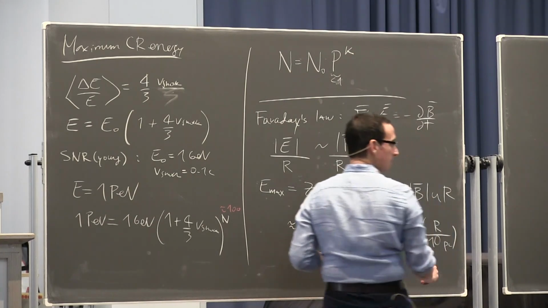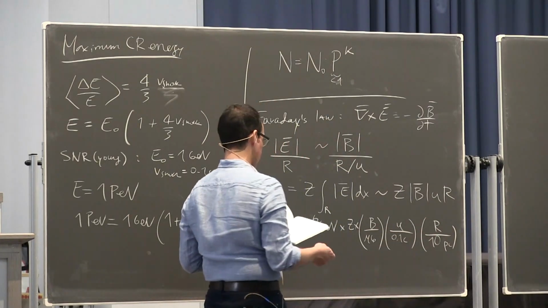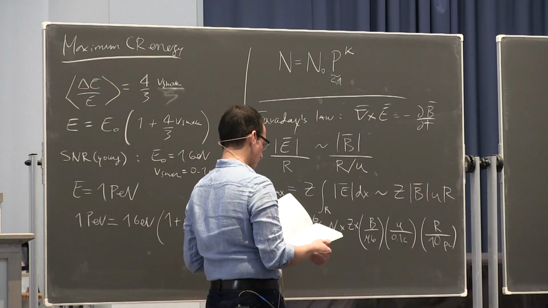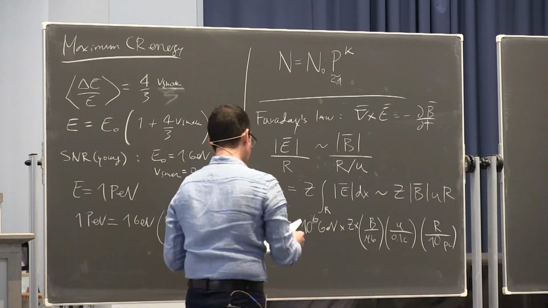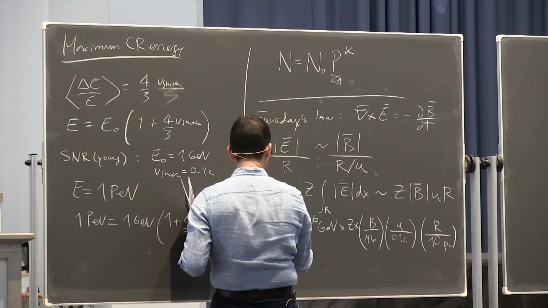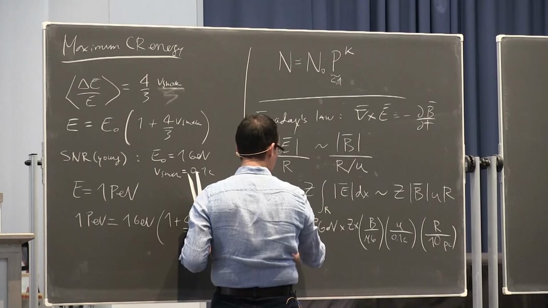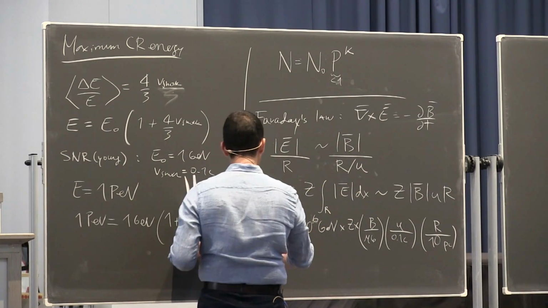I'm putting typical numbers here, 10% of the speed of light, 10 parsecs, for something that has astrophysical origins. So again, if we do this for a young supernova remnant, let's plug in some numbers. B is indeed about microgauss near the shock front where the acceleration is happening in a supernova remnant.